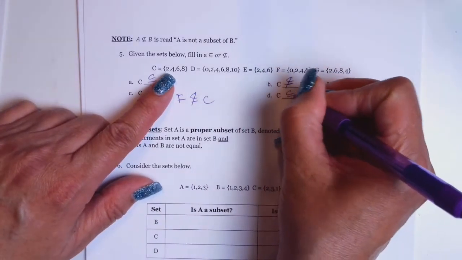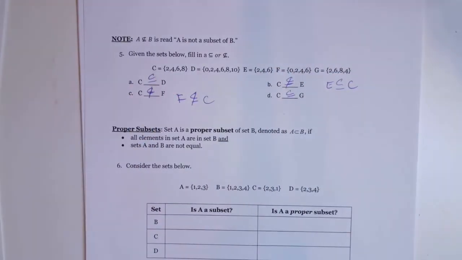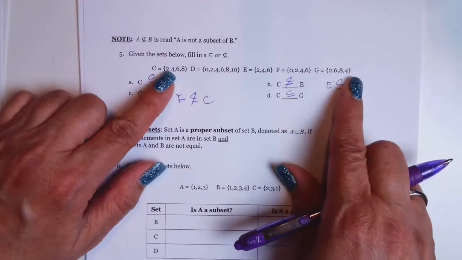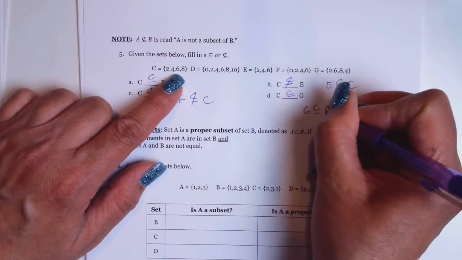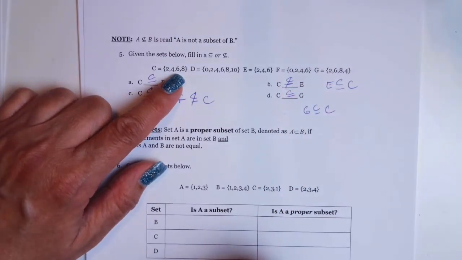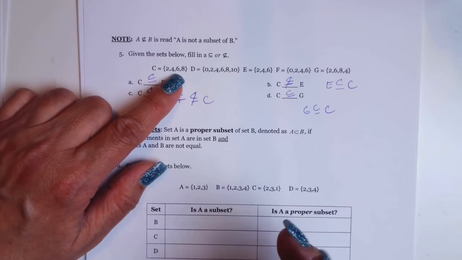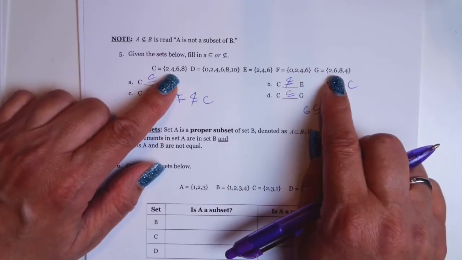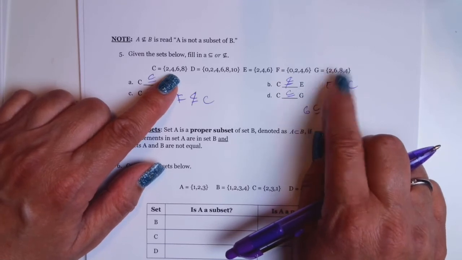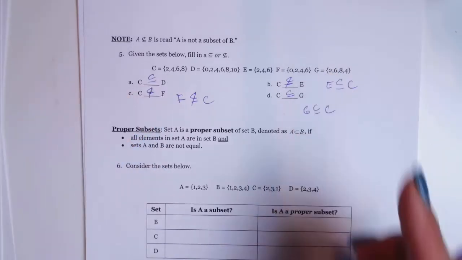C is a subset of G. And since we have the exact same elements, we could also write that G is a subset of C, because these are equal. Remember, equal means that they have the exact same elements and the same amount of elements.